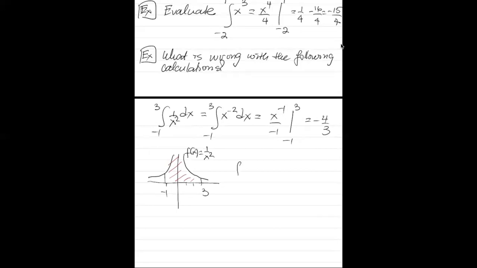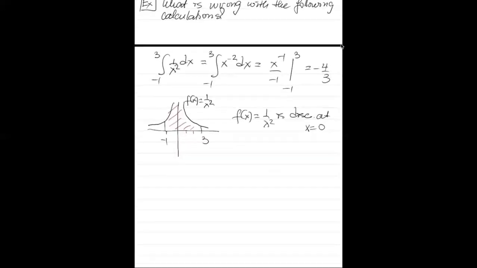We have f of x equals 1 over x squared is discontinuous, with an infinite discontinuity at x equals 0, so we cannot apply our theorem because the evaluation theorem applies only to continuous functions on the interval from a to b.